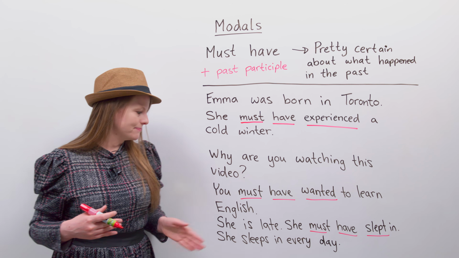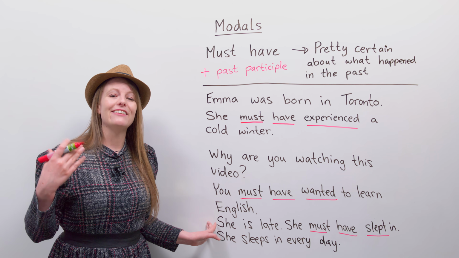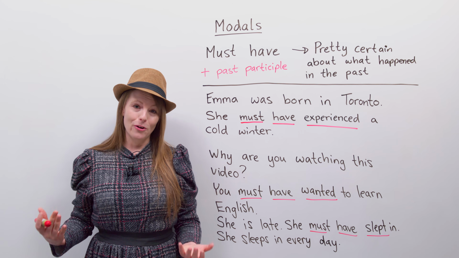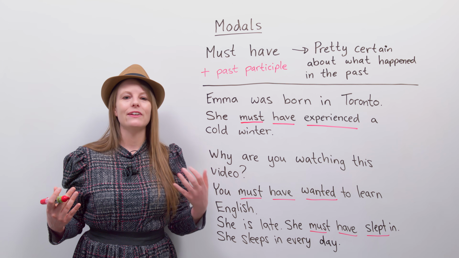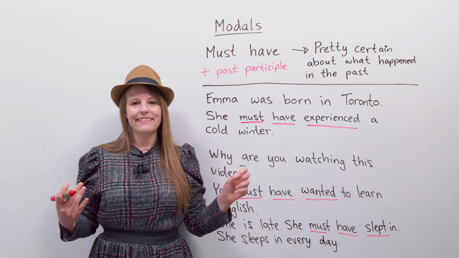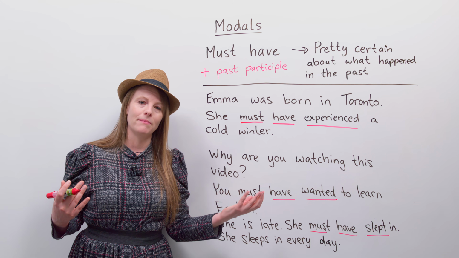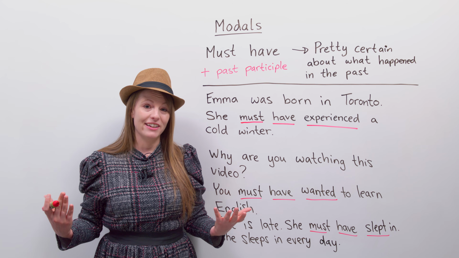Let's look at another one. I have a friend. She is always late. And the reason she's always late is because she likes to sleep in. Sometimes she turns off her alarm, or there's a problem with the volume on her alarm, so she sleeps in a lot.